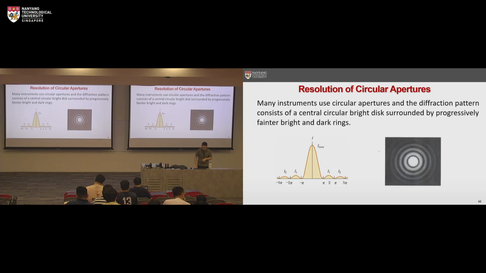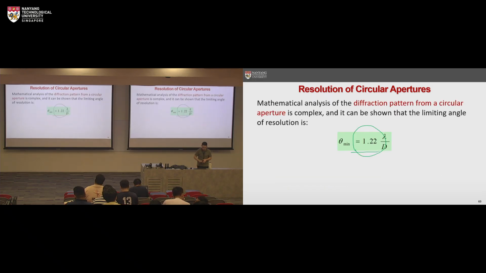But in reality, we have this 1.22 to fix this single slit issue, because in most cases we need a circular aperture. All right, so this equation is more common: 1.22 lambda over d. Now d becomes the diameter of the aperture.